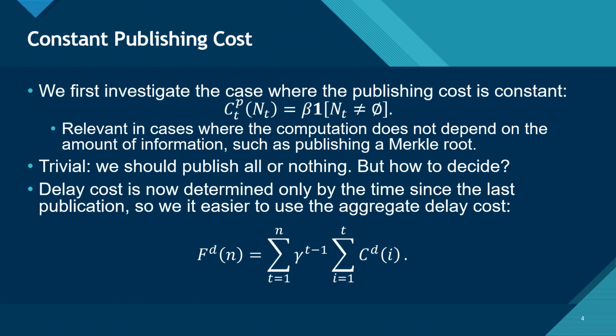So we can define a new term which we denote by F_D, the aggregate delay cost between two publication steps. F_D(n) is how much delay cost we incurred by waiting n steps between two publications.